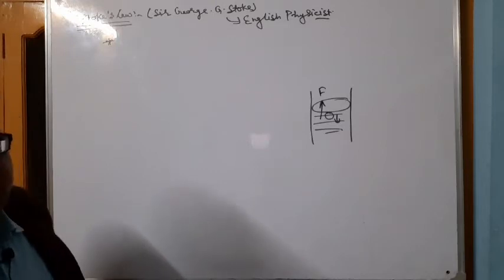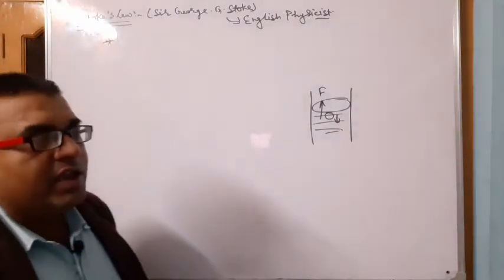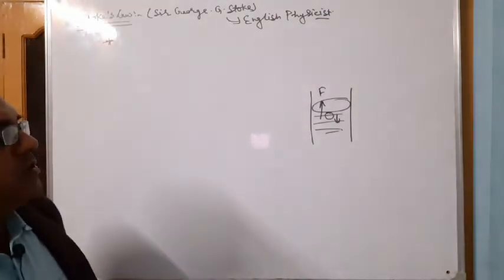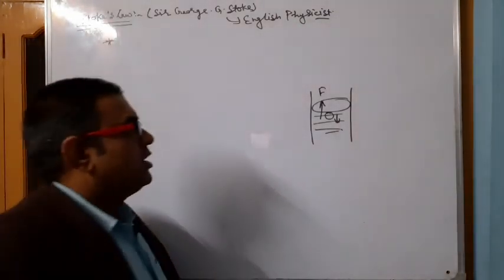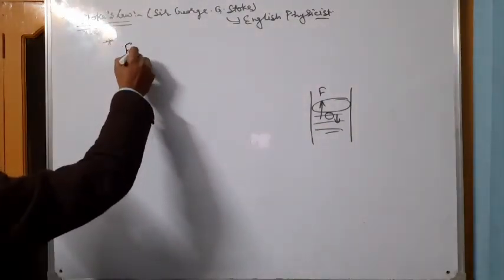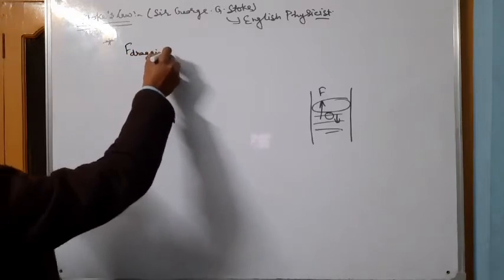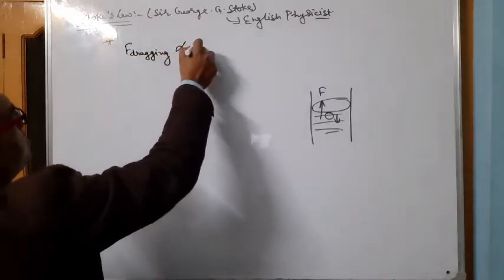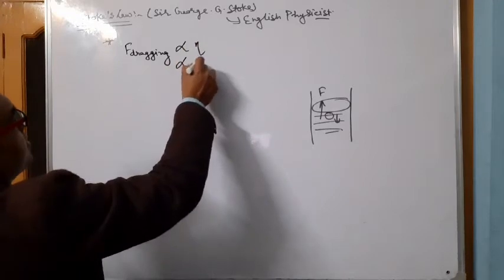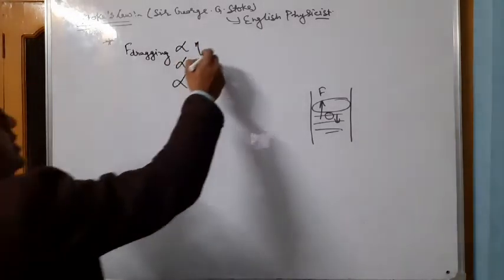That backward dragging force F is directly proportional to eta, directly proportional to R, and directly proportional to V.